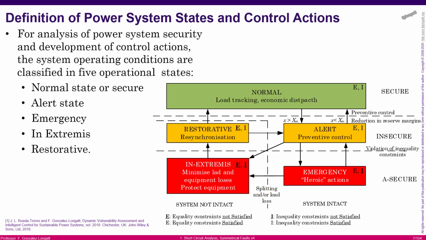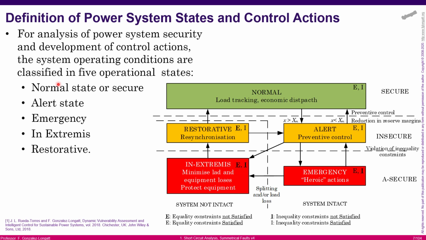What I'm trying to say is that when we are concerned about power system security, and power system security means keeping the power system safe, there are at least four different states.